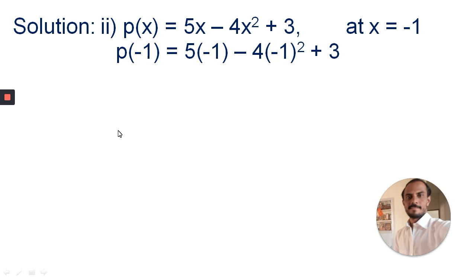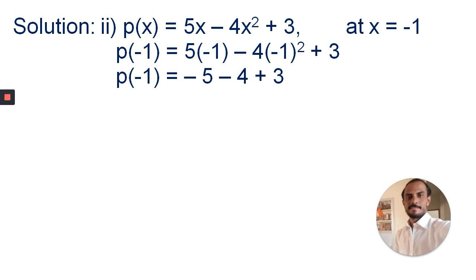P of minus 1 equals 5 into minus 1 is minus 5. Here, see students, minus 1 squared is there, which means first we have to operate inside the bracket.